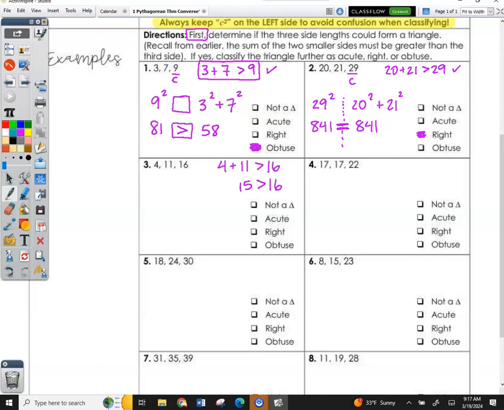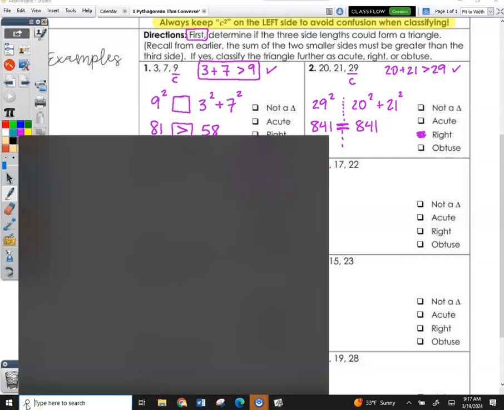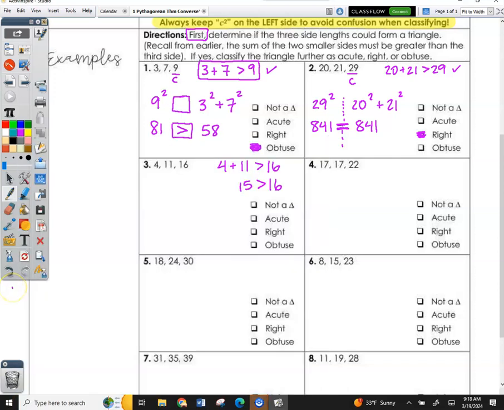The opening, the big side, should face the big number, okay? And the big number is 16, and this is not the big side. This is the small side. So this is definitely not a triangle, because this is not true. All right, so we can skip that one. I like those. There's only one more of those on there.